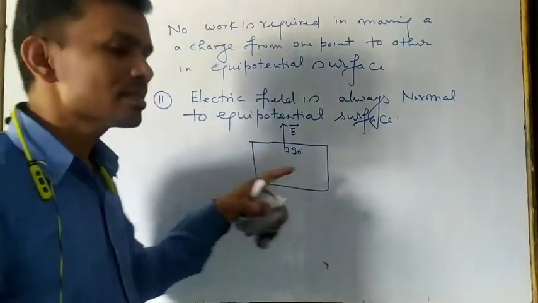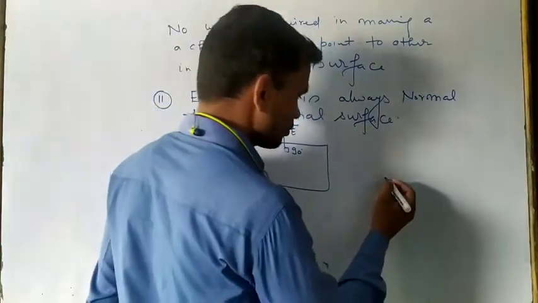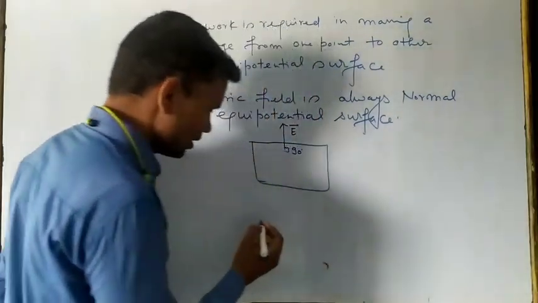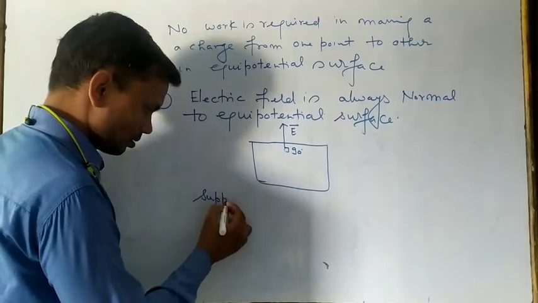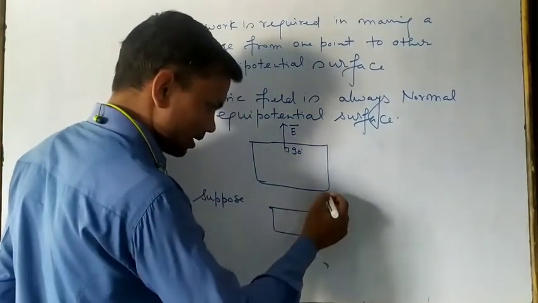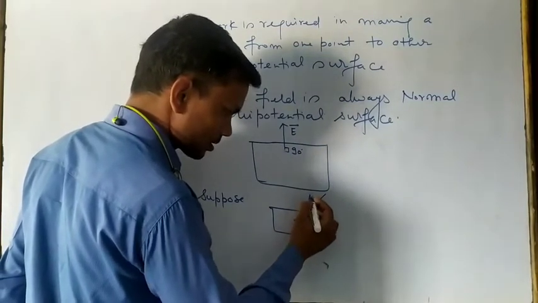Suppose the electric field is not making 90 degrees, then what happens? Here you see, suppose we consider this electric field is not making the 90-degree angle. Suppose this is the equipotential surface, and here the electric field is making some angle, suppose this is theta. This is the direction of the electric field.